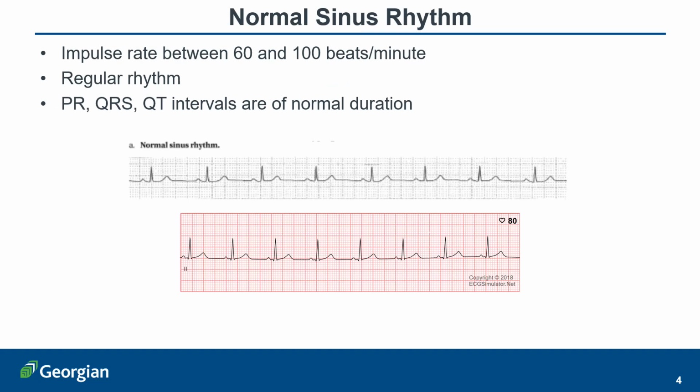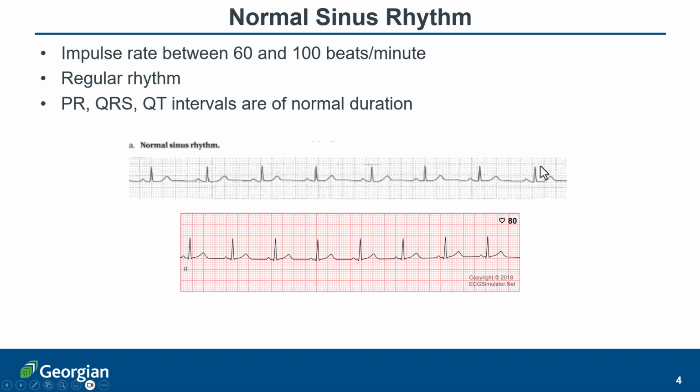Let's start off with normal sinus rhythm. In normal sinus rhythm, the heart rate is between 60 and 100 beats per minute. It has a regular rhythm, so the PP interval or the RR intervals are regular, and all the other intervals, such as the PR and QT and QRS intervals, are also of normal durations. You can see examples of a normal sinus rhythm.